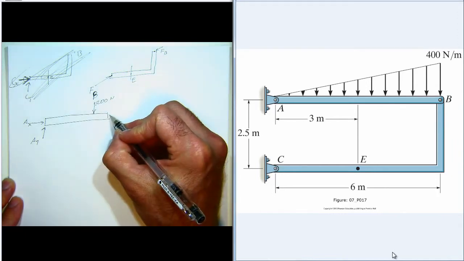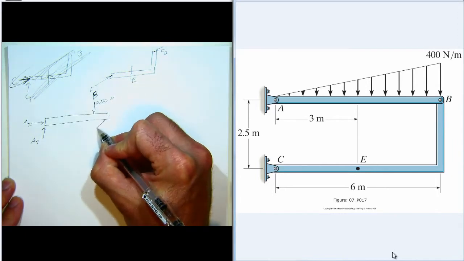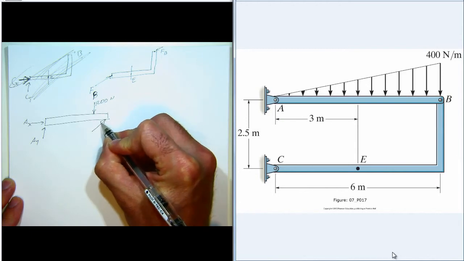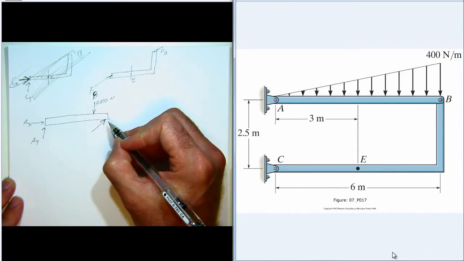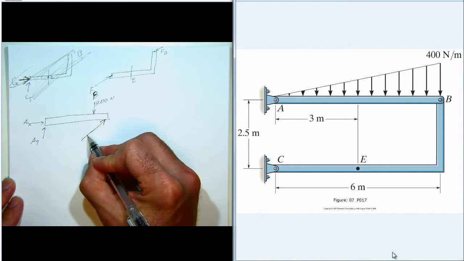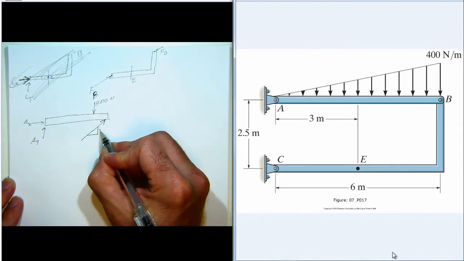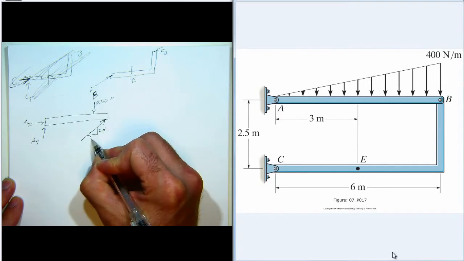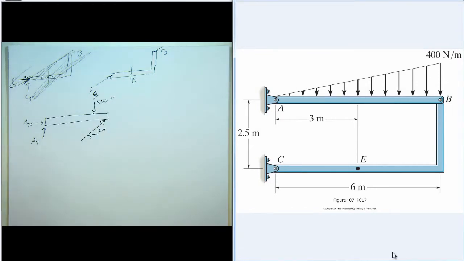And then here's FB, and just by inspection it needs to be pointing sort of up, but we also know its direction. Its direction is 2.5 vertical and 6 horizontal.